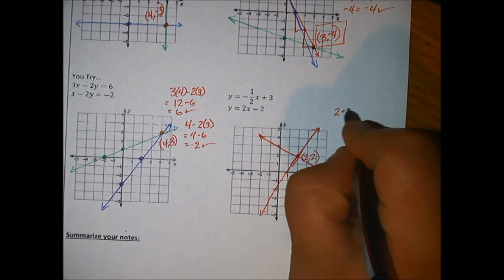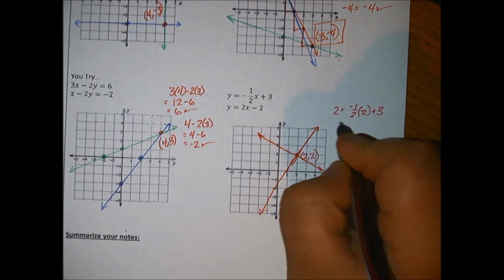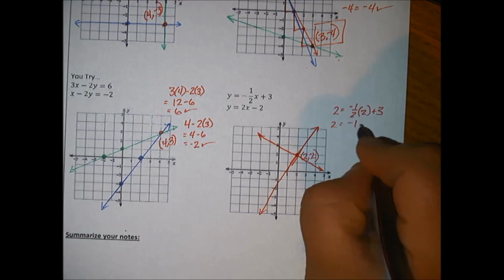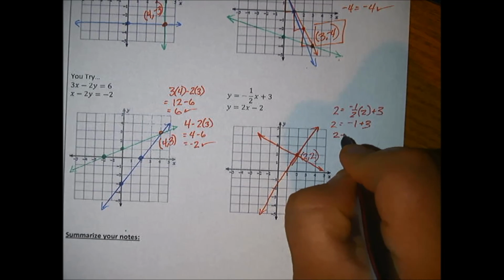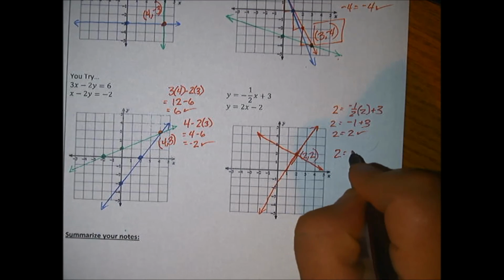And so you get 2 equals -1/2 times 2 plus 3. So 2 equals -1 plus 3, and so 2 equals 2. And then for the other one, 2 equals 2.